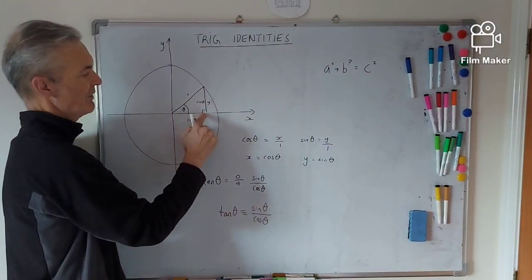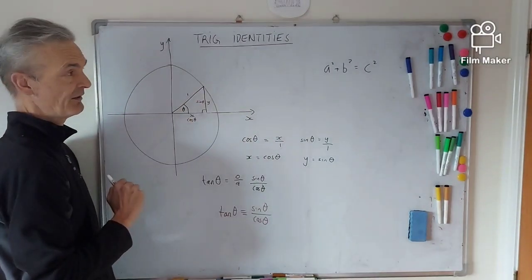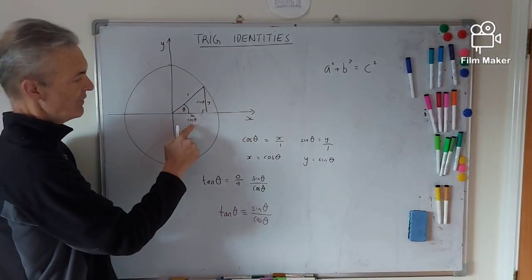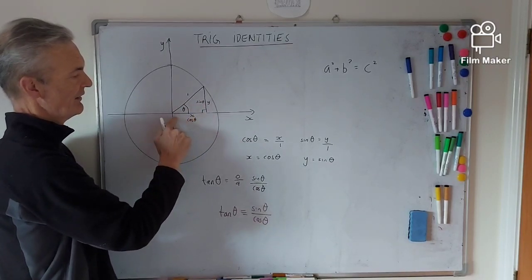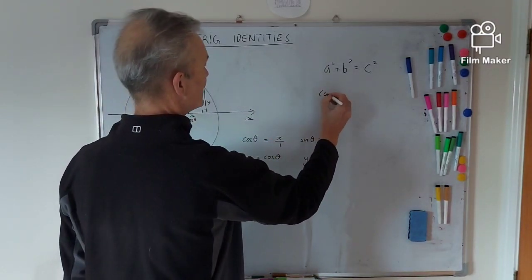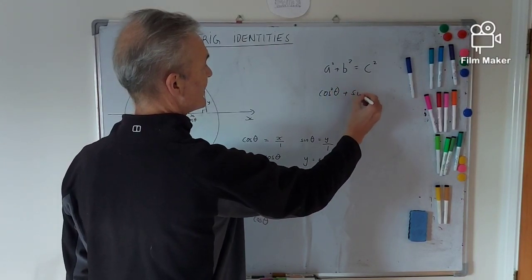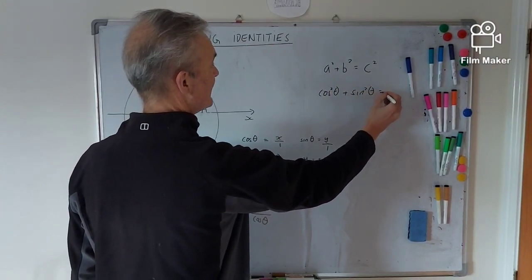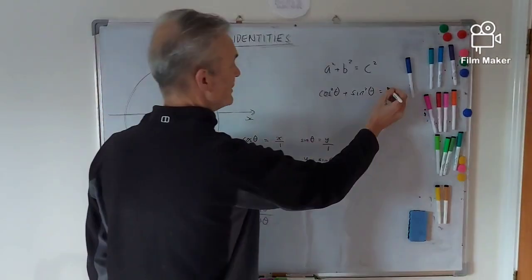So this side squared plus this side squared equals the hypotenuse squared. Well, let's write this in terms of cos and sine as we've got here. So that side squared plus that side squared is going to be cos squared theta plus sine squared theta equals the hypotenuse squared. Well, 1 squared is 1.